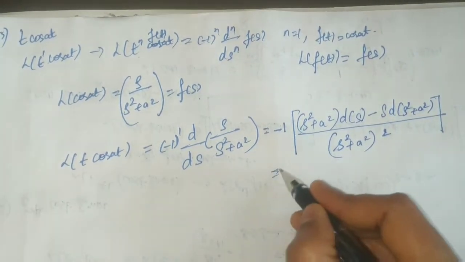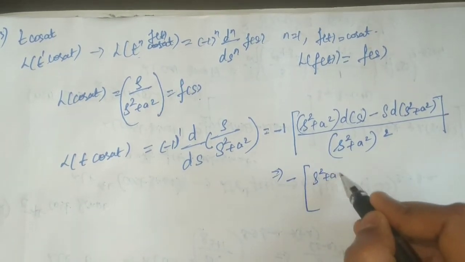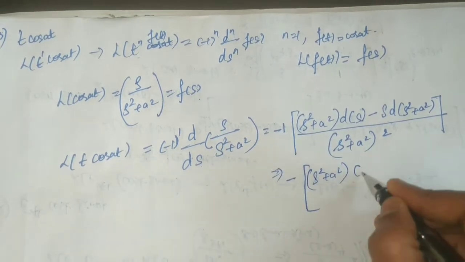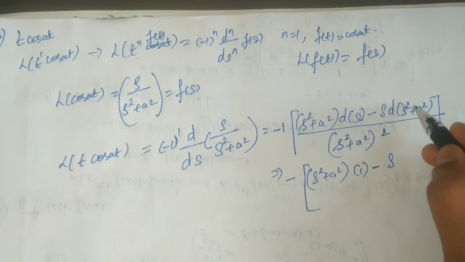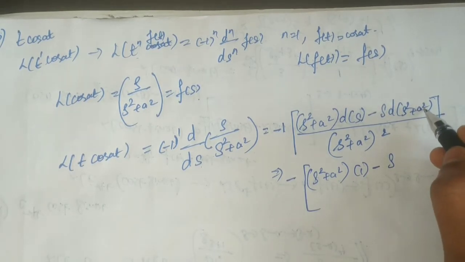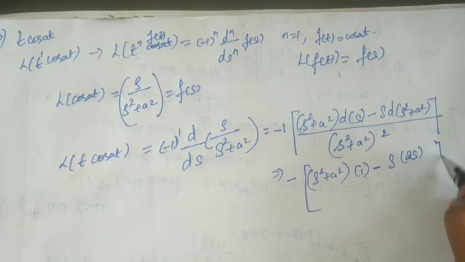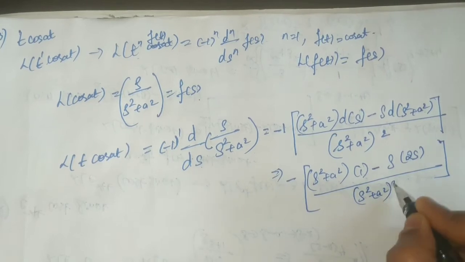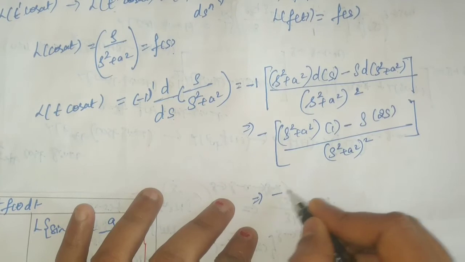D stands for derivative. So it's minus of s square plus a square. Differentiation of s with respect to s becomes 1, minus s. Differentiation of s square plus a square: a square is constant, s square becomes 2s, divided by s square plus a square the whole square. So what we get?